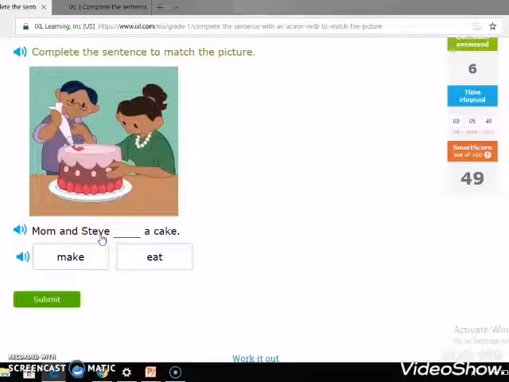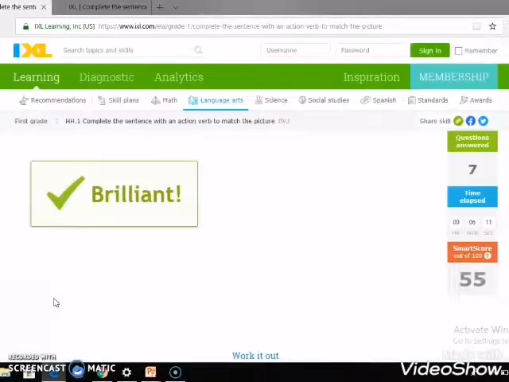For two, we don't add an s. Mom and Steve make a cake. Look at the action verb. We didn't add an s because we have two. They make a cake. So we don't add an s.